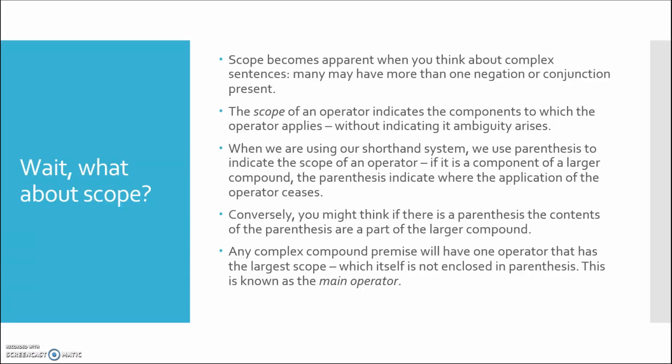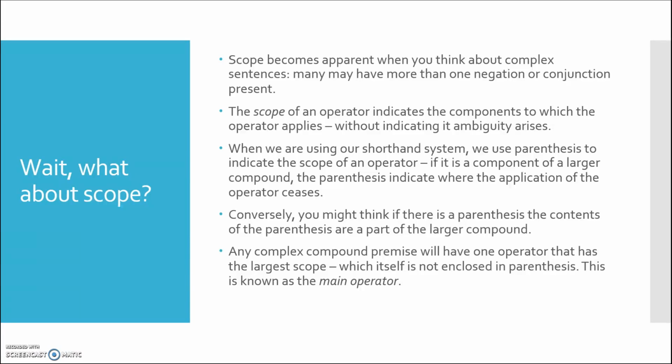It becomes difficult or perhaps impossible to make sense of all the variables and symbols. So when we use our shorthand system, we indicate scope with parentheses. If the component is that of a larger compound, the parentheses indicate where the application of the operator ceases.